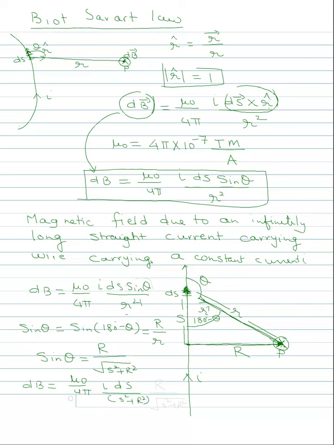And then the sine theta here will become this, r divided by square root of s square plus r square. So that the total magnetic field then will be integral of this. So B magnitude will be integral of dB. And remember, the direction is pointing into the paper.